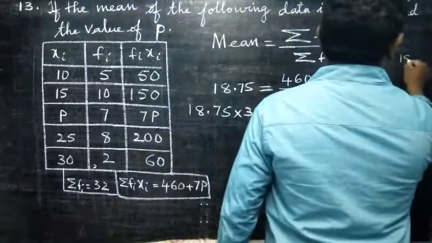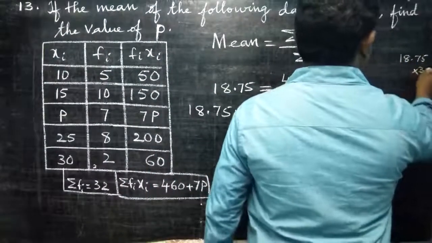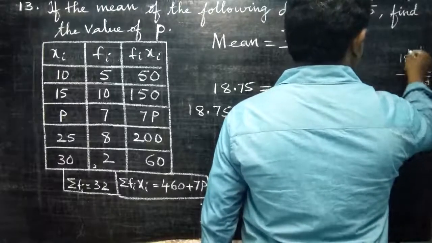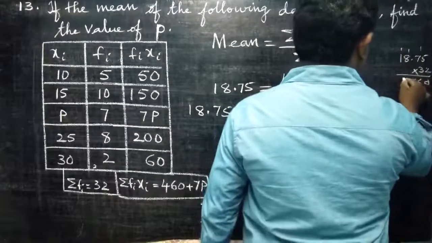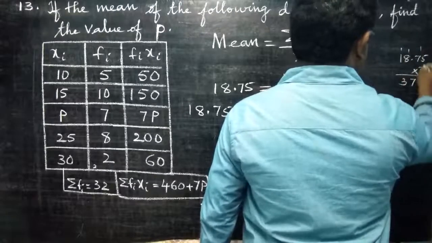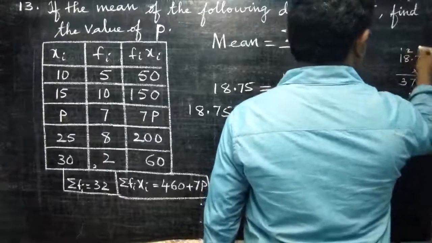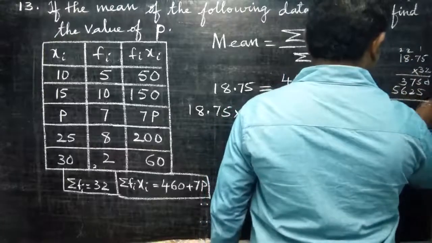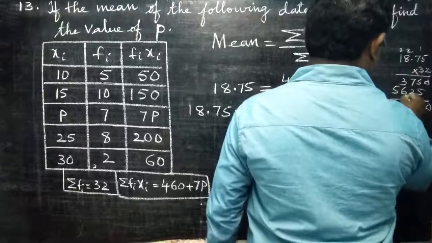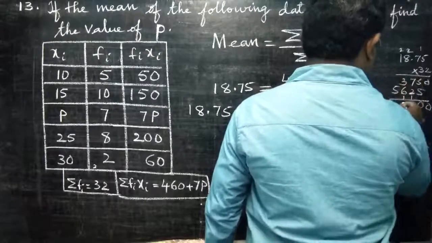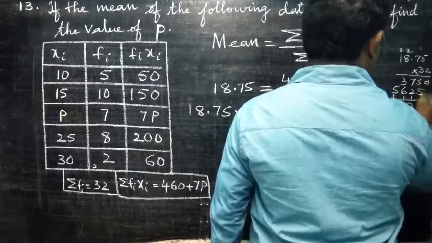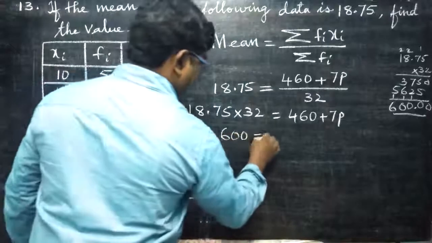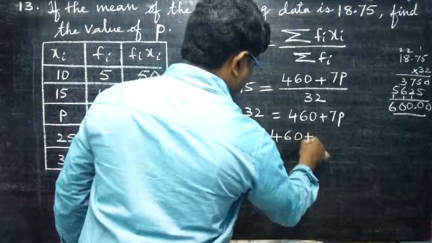Multiply 18.75 into 32. 2 5s are 10, 14, 15, 1, 16, 17, 1, 2 1s are 2, 3, 15, 1, 21, 22, 2 here, 24, 26, here 5, 0, 10, again 10, here, again 10. Now how much you got? 600. 600 is equal to 460 plus 7p.